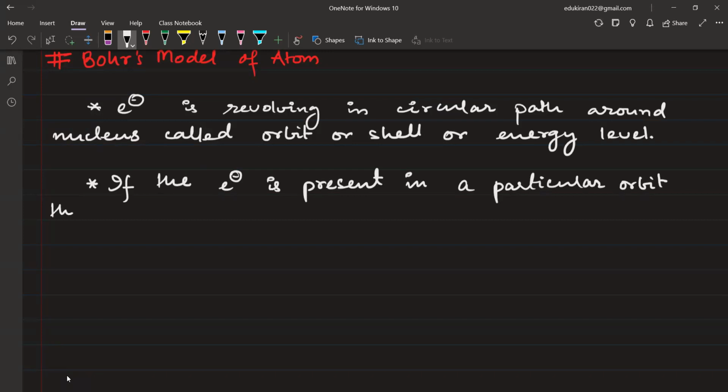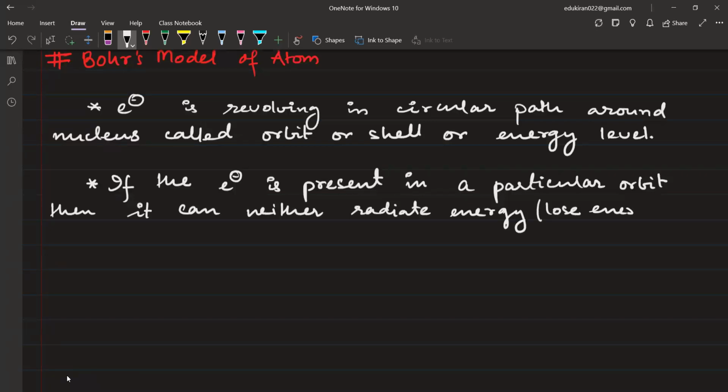then it can neither radiate energy, का मतलब lose energy, nor absorb energy, that means gain energy.